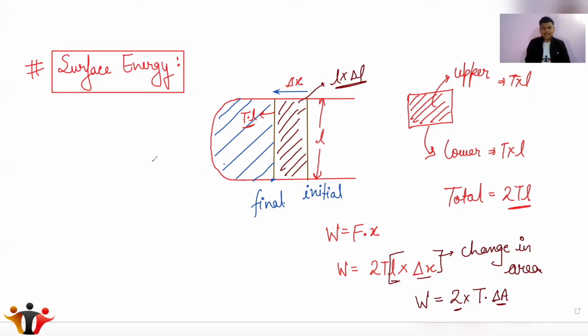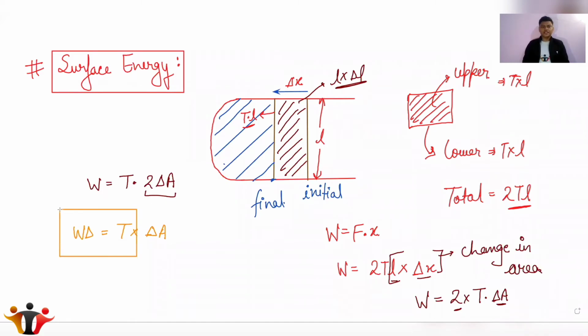So in general, work done will be equal to surface tension into change in area, the total change in area from the upper side as well as the lower side. This is going to be our work done, or formula for the surface energy.